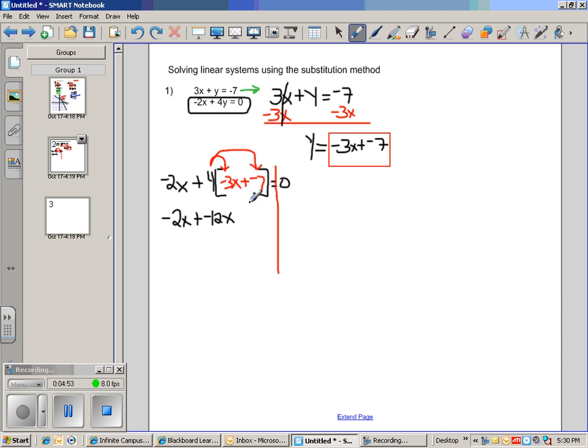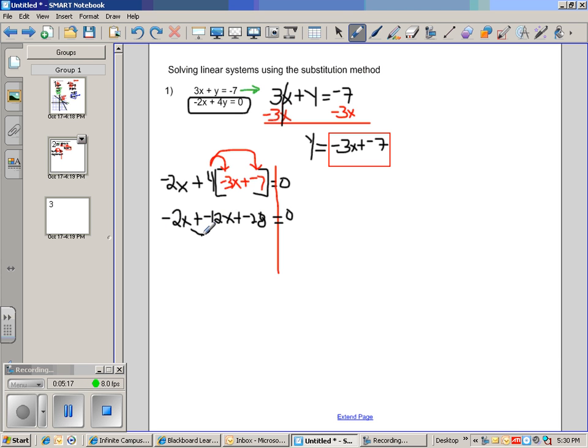4 times -7 is -28, and that is still equal to 0. After the distributive property, I notice that we have positive 2x plus negative 12x over on the same side of the equal sign. These are like terms.